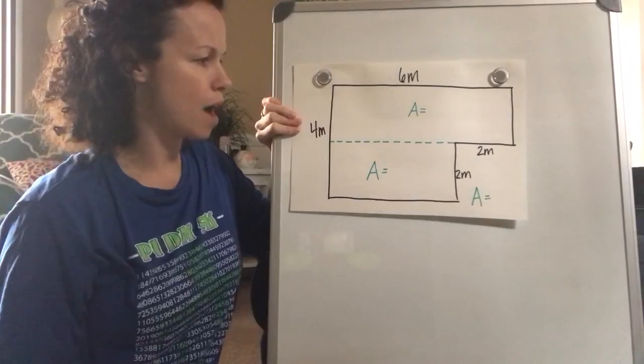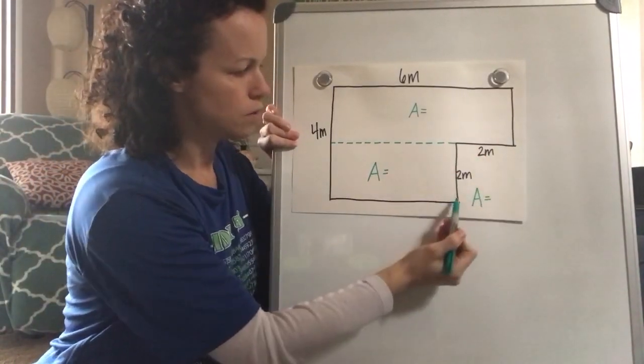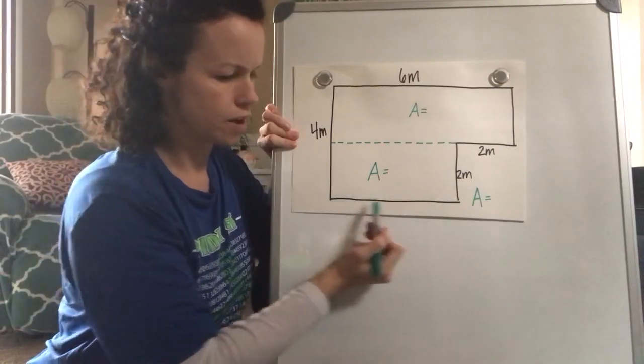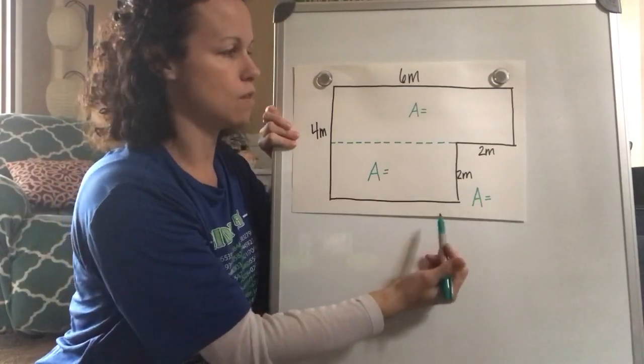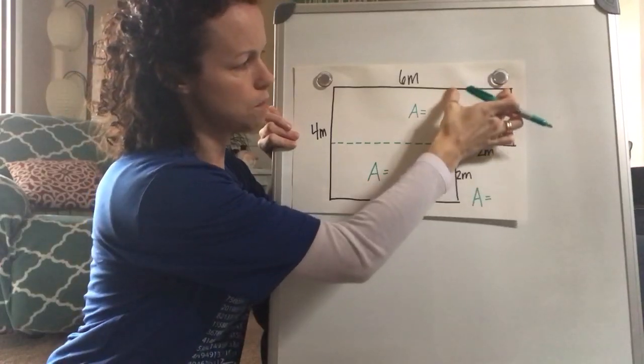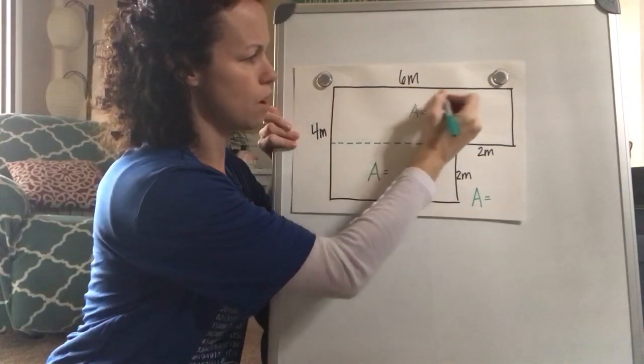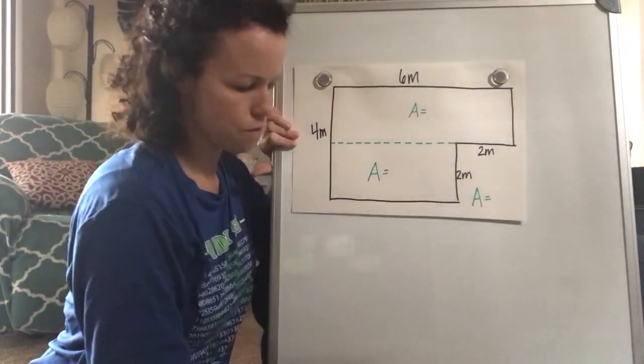If we look at this bottom one first, we have this 2 meters. Then we have this long length here again. If you remember from the last one, we knew if this was 2 meters here, then this top part from here to here is 2 meters, which made this part that we labeled 4 meters.